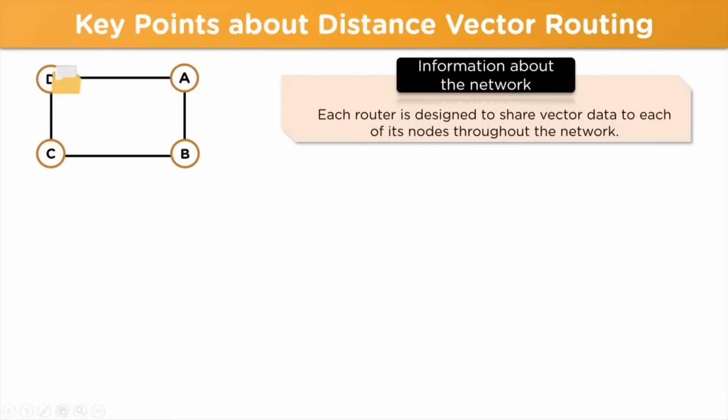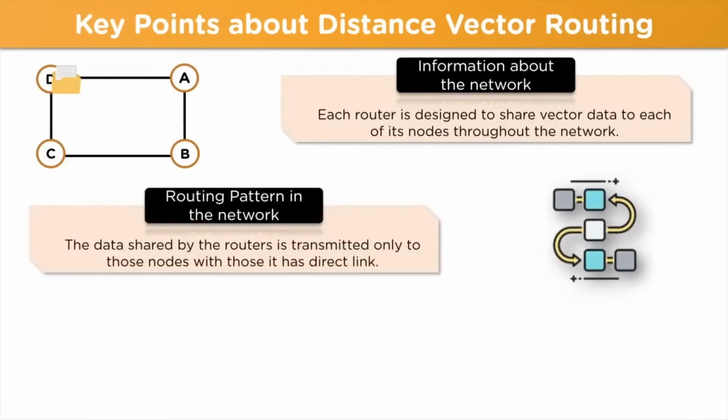This step is done to maintain proper circulation of data in the network channel. The next key point is the routing pattern in the network protocol. That is, the data shared by the routers is transmitted only to those nodes that are directly linked to a particular router.